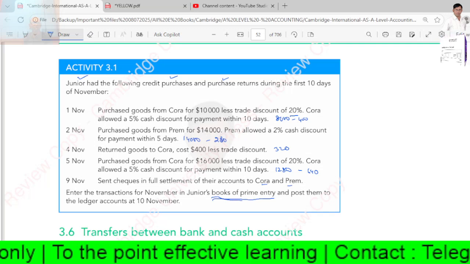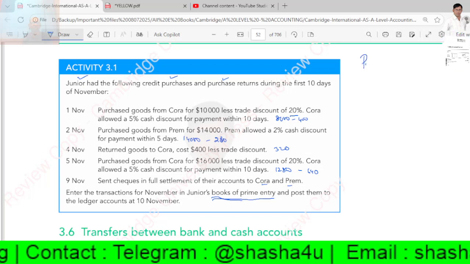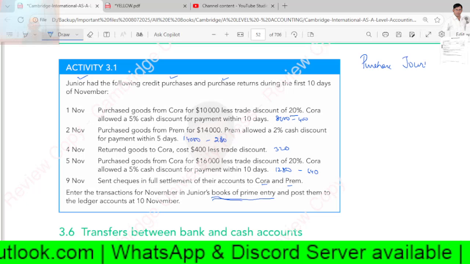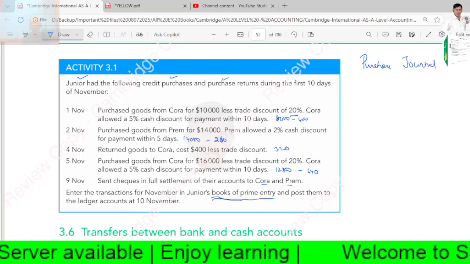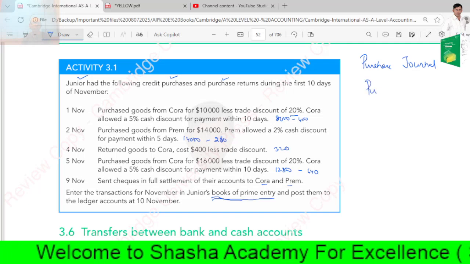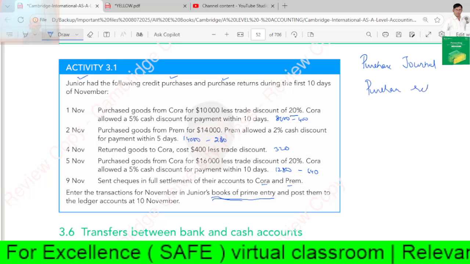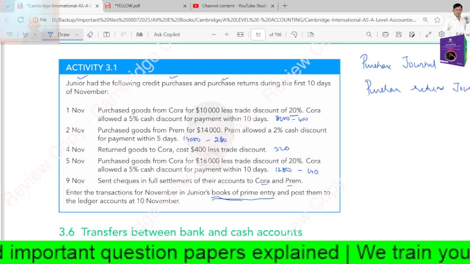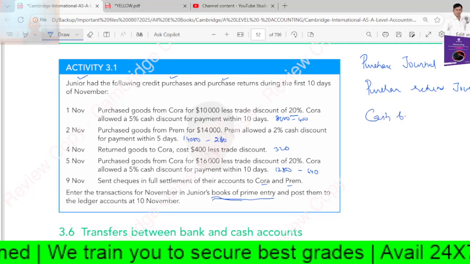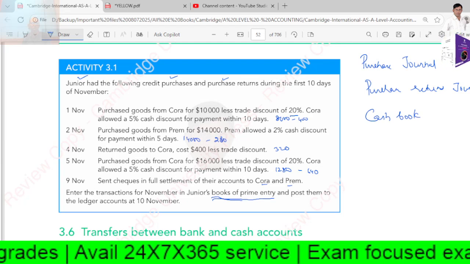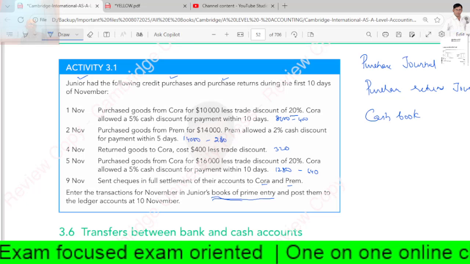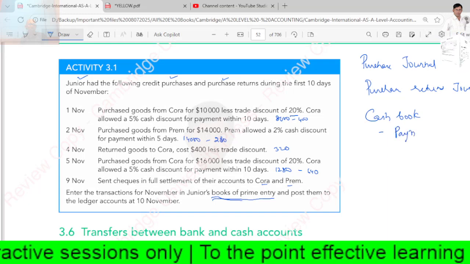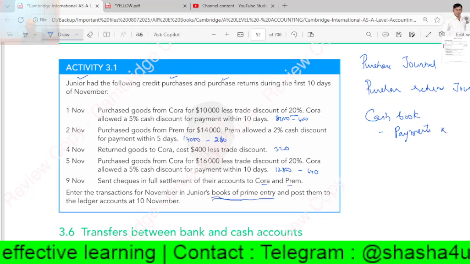The books of prime entry are purchase journal, to record all individual purchases, and purchase returns journal, to record all purchase returns, and cash book to record cash payments and cash discount.